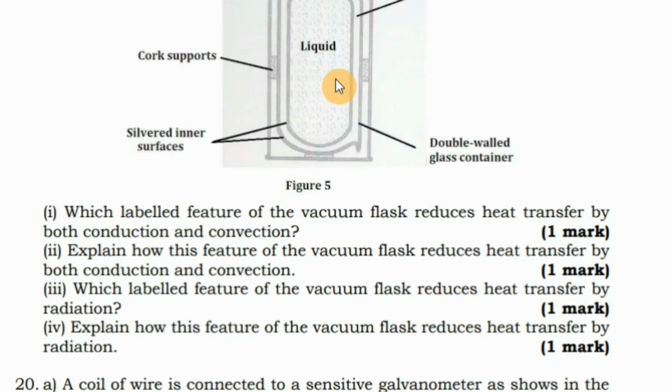That's why radiation will not take place. So the part that can help to reduce heat transfer by radiation is the silvered surface.